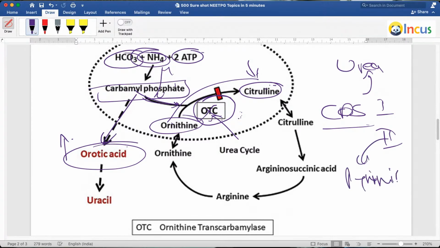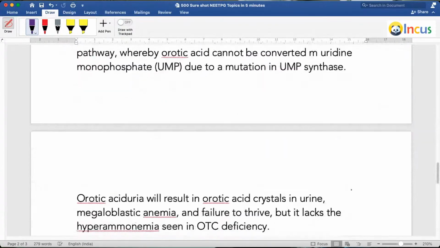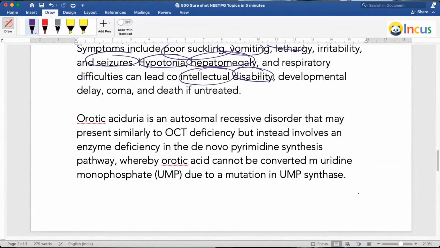You can easily remember 1 means little finger. Little finger 1 means urine. Urine means urea cycle. The other one, CPS2, is there in the pyrimidine biosynthesis. This is one of the favorite questions of the examiner. All right. Now you got everything about ornithine transcarbamylase deficiency. Tomorrow's exam, when the question comes, remember me.